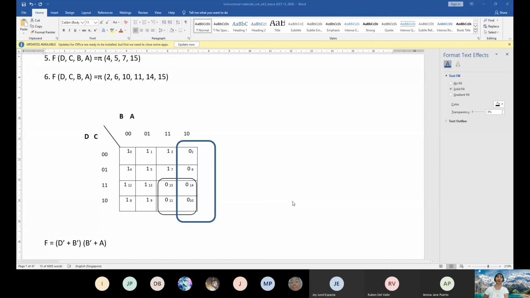Unti-unti lang. Hindi pwedeng biglaan. Just like in our topic today, the K-map, it would be a bit confusing if I'm going to drop everything in one session. Chapter 2, again, please study.